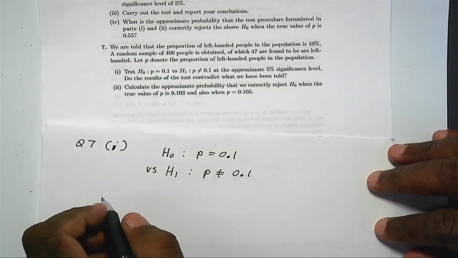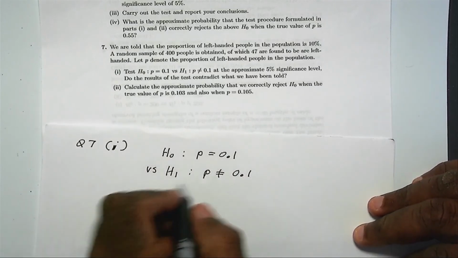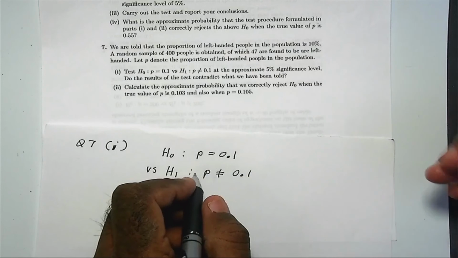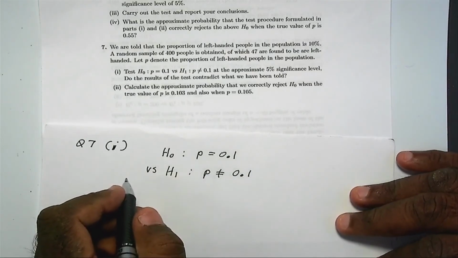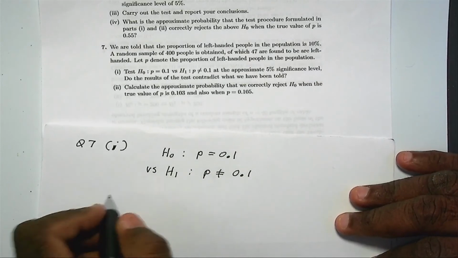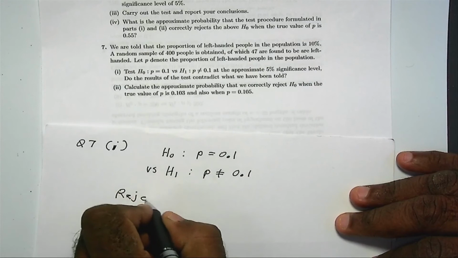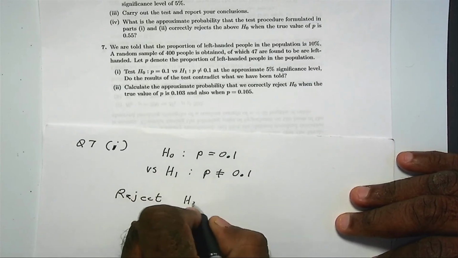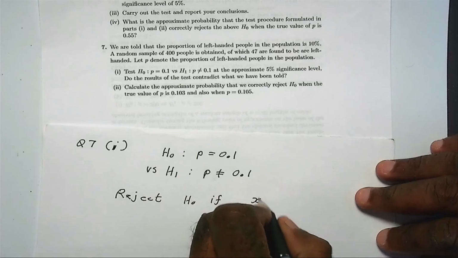Now, as I mentioned earlier, if you look back at the video on one sample tests, you will see this is the rule. The rule is to reject the null hypothesis if the following is true.